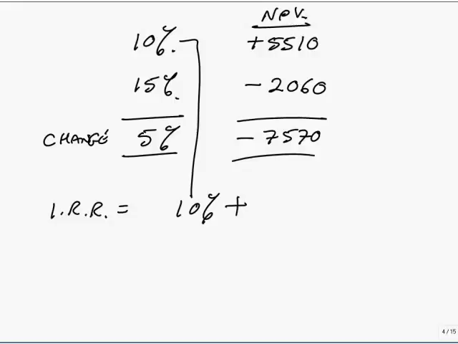We know that a change of 7,000 would be 5 percentages. But to get to 0, we only want a change of 5,000. We take a fraction. If 7,000 is 5%, 5,000 is a fraction of it. It's 5/7 of 5%.